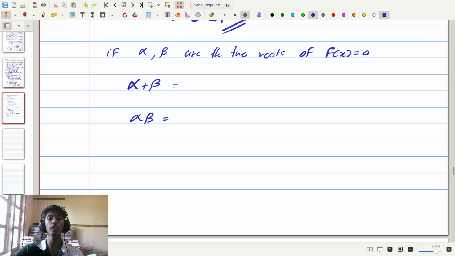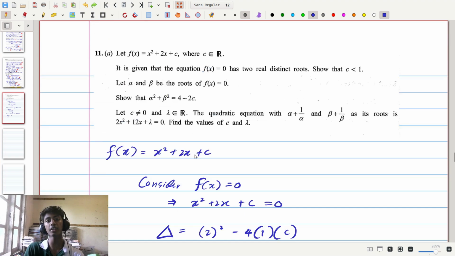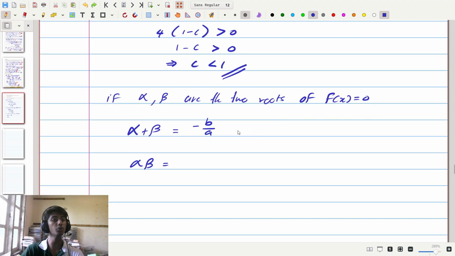Now from our formula, alpha plus beta is equal to negative b over a, where b is the coefficient of x and a is the coefficient of x squared. In this equation the coefficient of x is equal to 2 and the coefficient of x squared is equal to 1. So therefore we have negative 2 over 1, which is equal to negative 2.